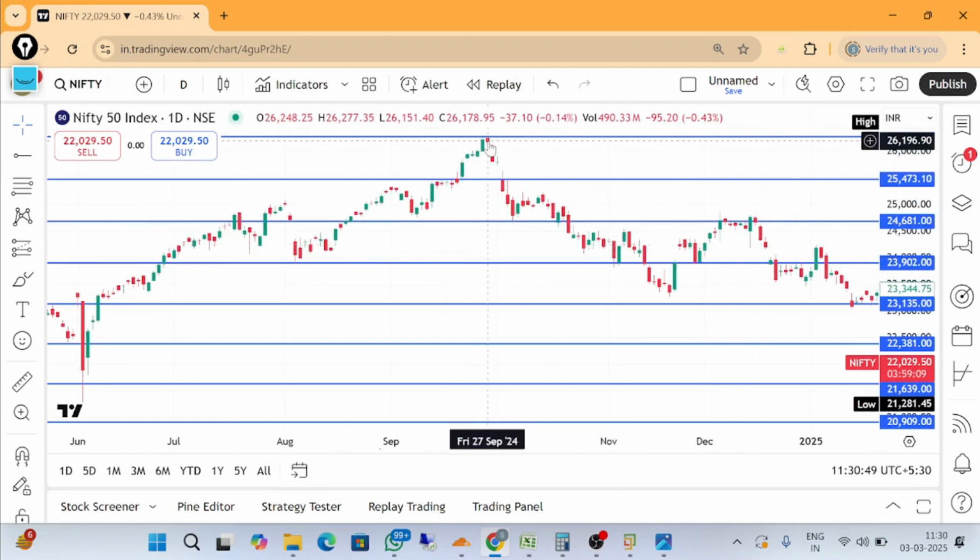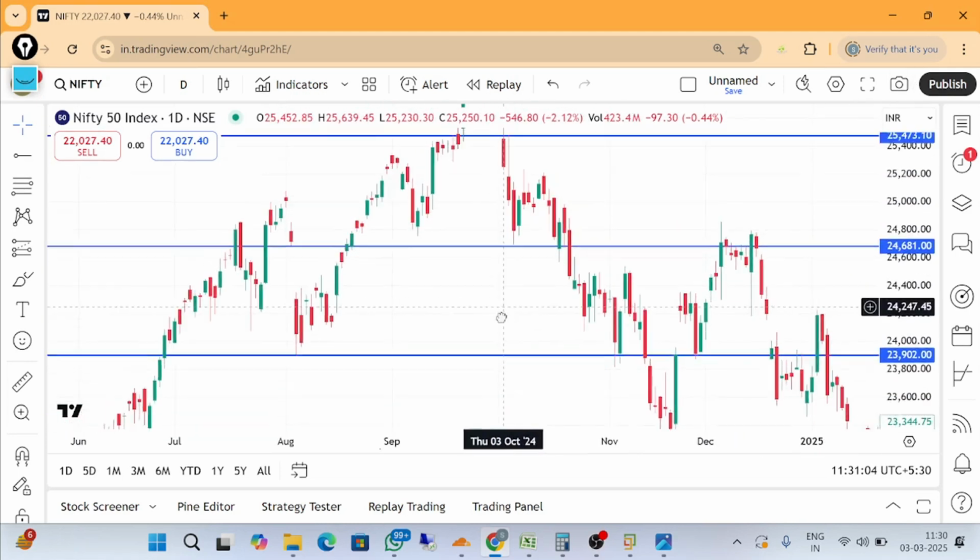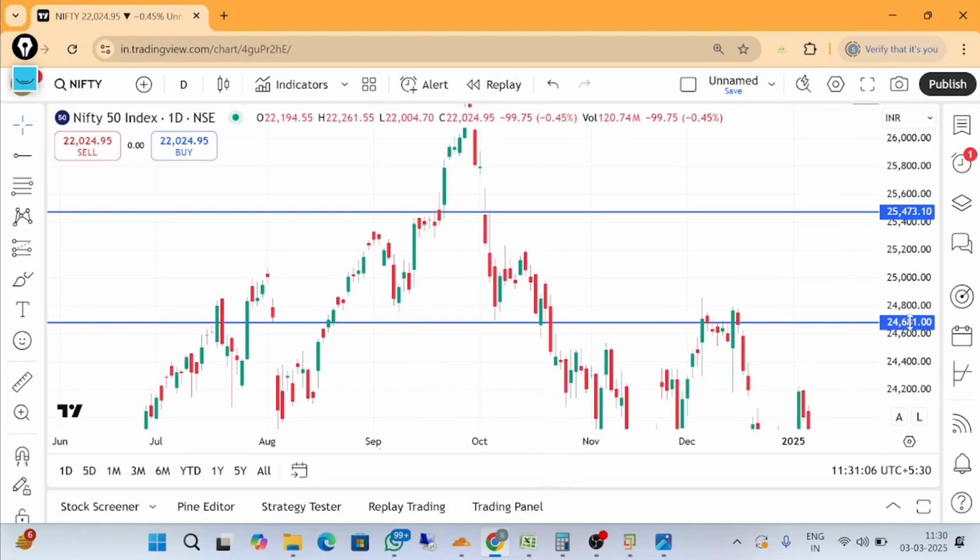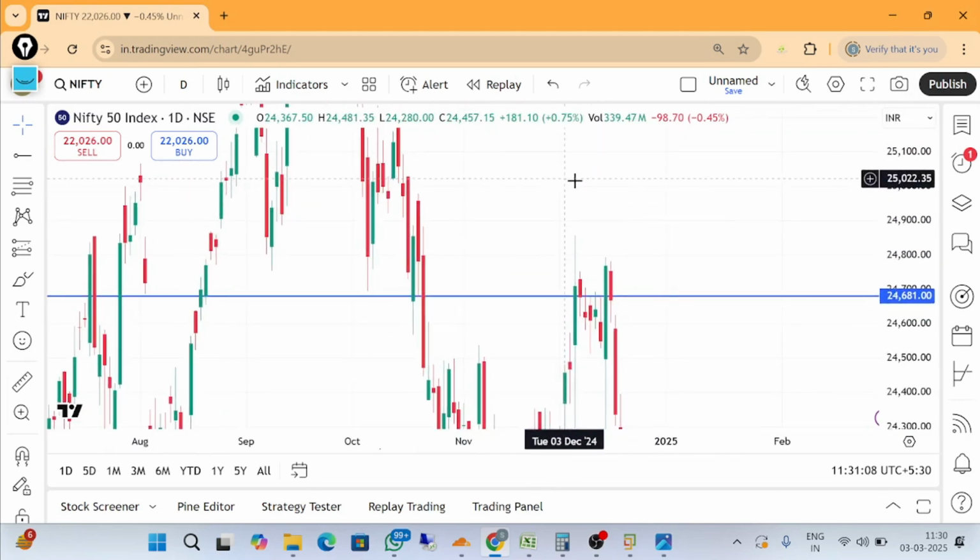This is your current chart, 27 September 2024. It moved below 45, precisely touched. See, what's the low? The low is 24,694.35, and our level is 24,681.